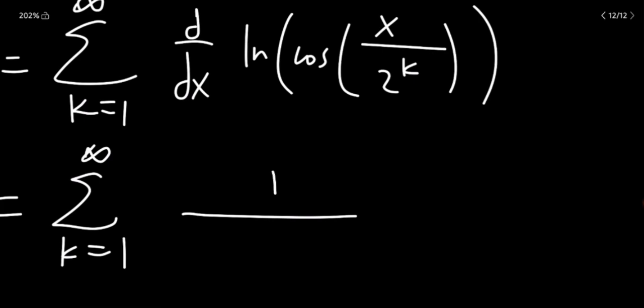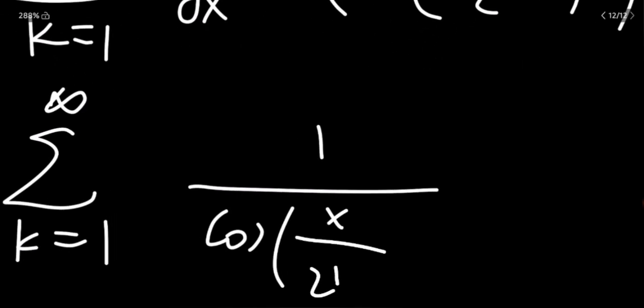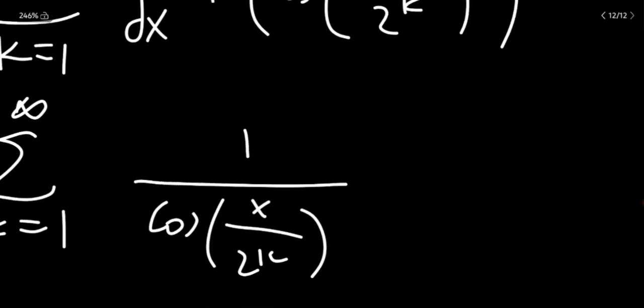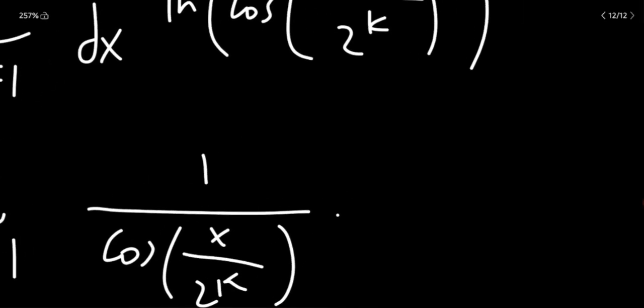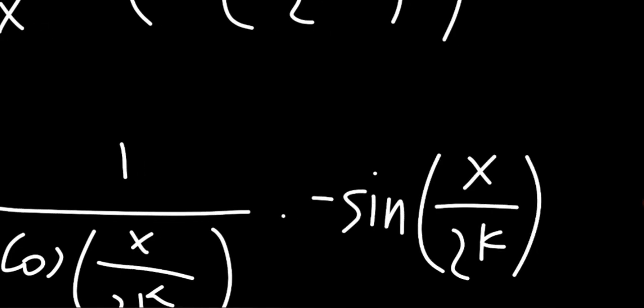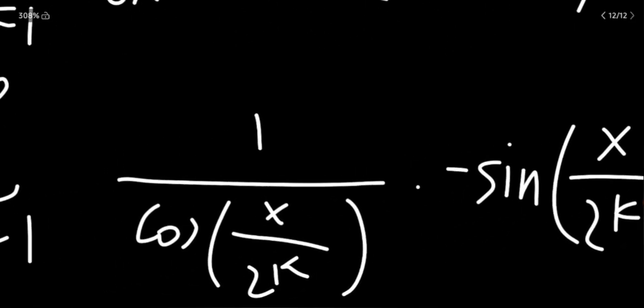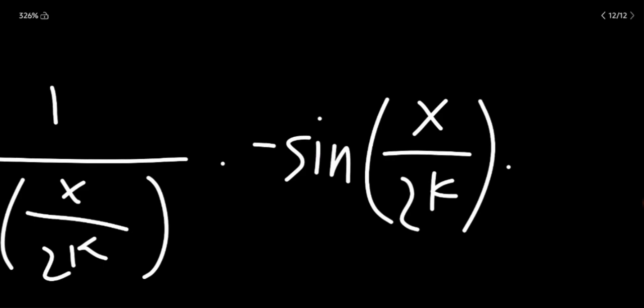First I'm gonna have 1 over cosine of x over 2 raised to k, times the derivative of cosine of x over 2 raised to k, which is negative sine of x over 2 raised to k, times the derivative of x over 2 raised to k with respect to x, which is 1 over 2 raised to k.